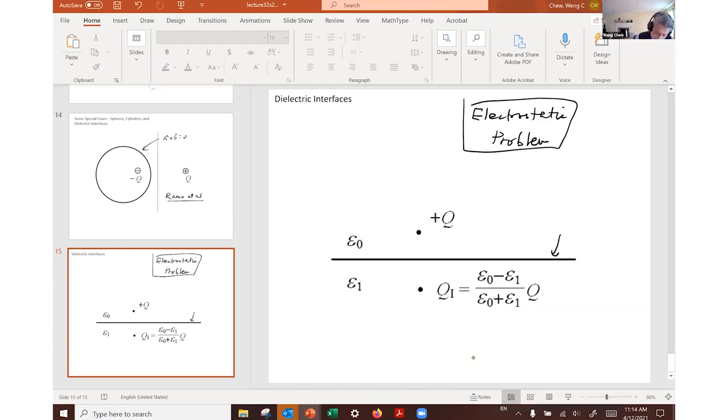The two equations are divergence of D equal to rho, and since there's no charge except for the plus charge over there, we don't have to worry about rho except at this point. The other equation is Faraday's law, but since this is static, Faraday's law becomes curl of E equal to 0. If you eyeball these two equations, what are the boundary conditions that follow from them?